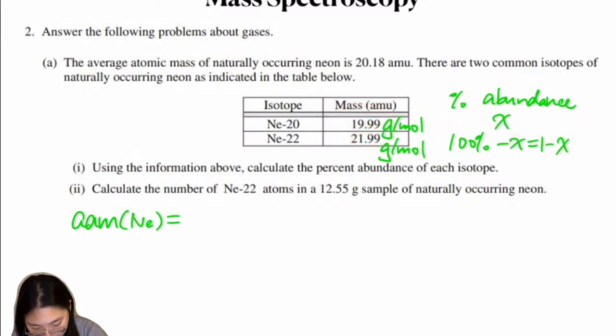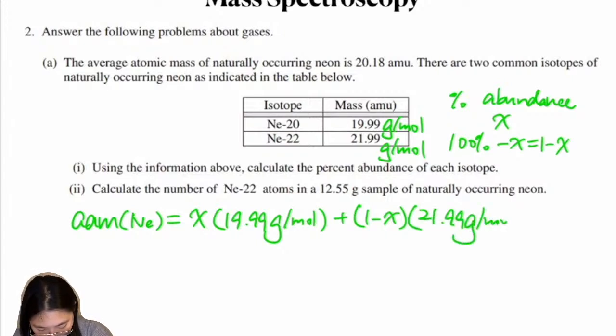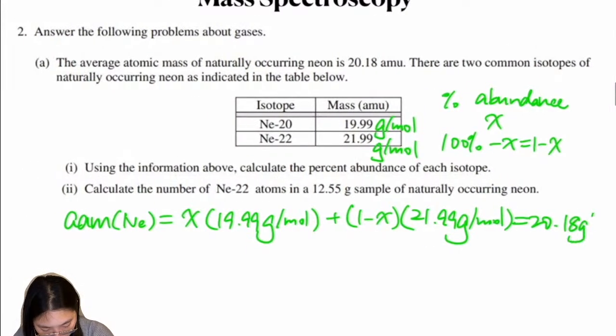So it's x multiplied by its molar mass 19.99 grams per mole, plus the abundance of the other isotope, 1 minus x, multiplied by 21.99 grams per mole. And this is equal to the average atomic mass of neon, which is 20.18 grams per mole.